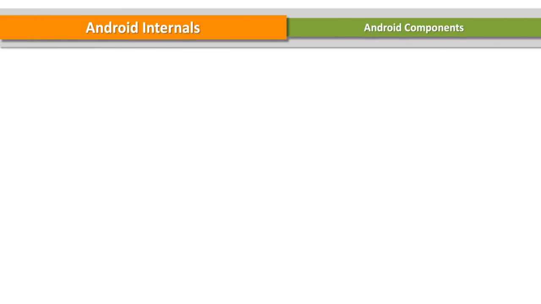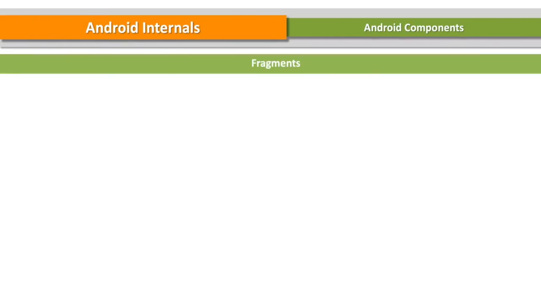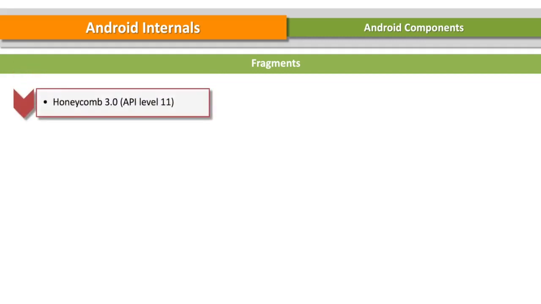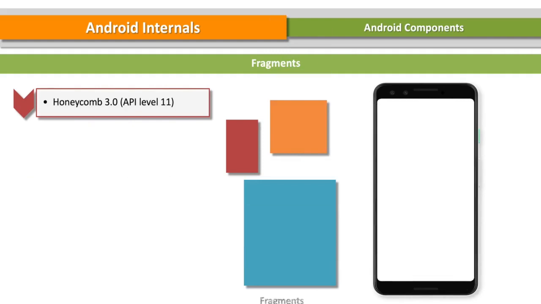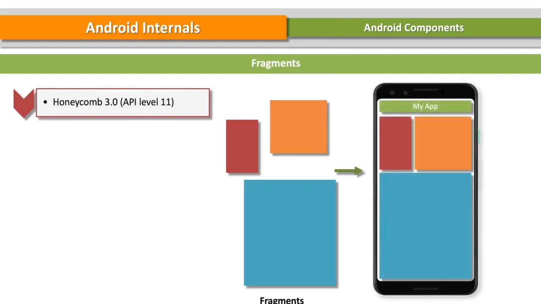A fragment represents behavior or a portion of the user interface within the activity. Fragments were actually introduced in Android with the version Honeycomb 3.0. Fragments are meant to encapsulate parts of the interface to facilitate reusability and adaptation, especially for different screen sizes.